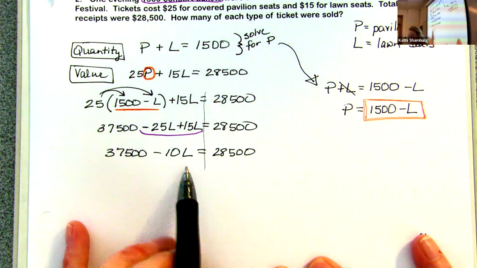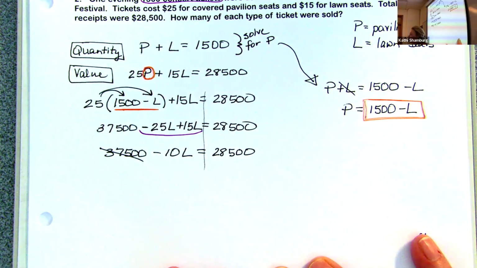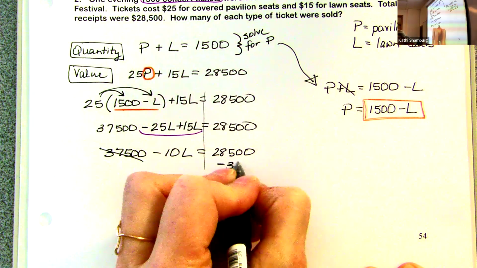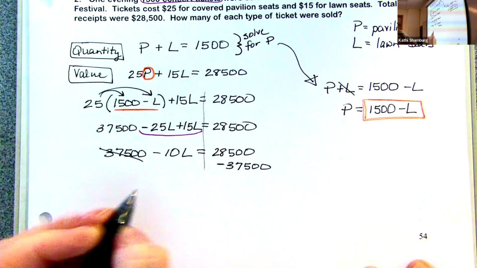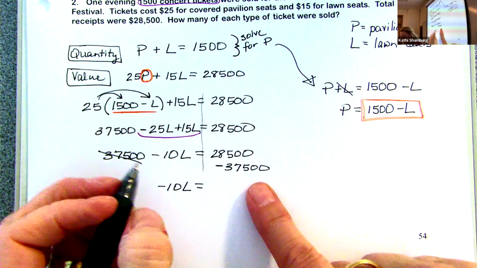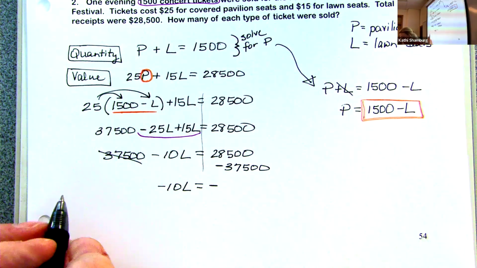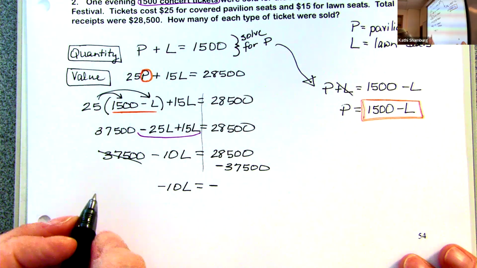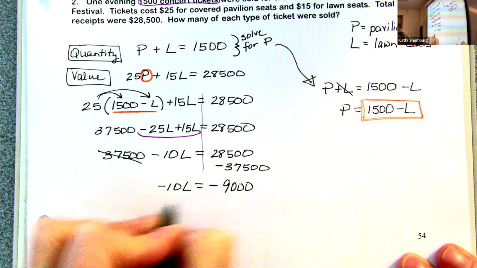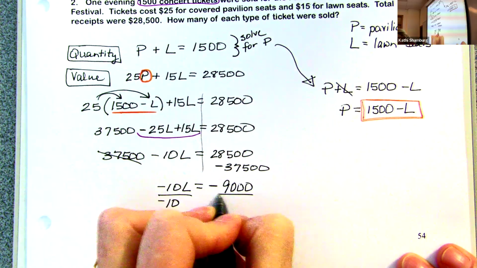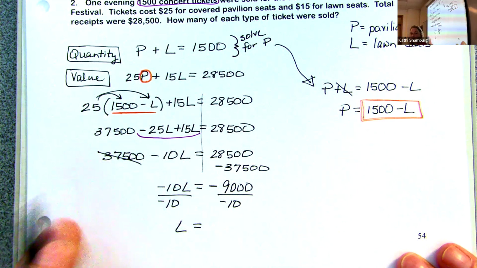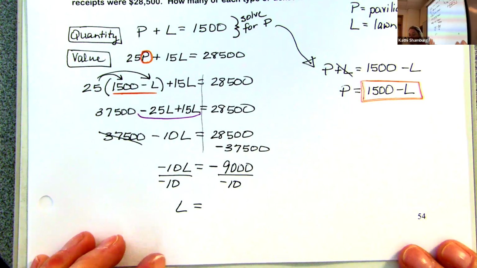So to solve for L, I need to move 37,500 to the other side. It's positive, so I'm going to subtract it. So I get negative 10L equals, and this is negative what? How much? Divided by negative 10. And that makes sense because your final number is going to be positive. 900.